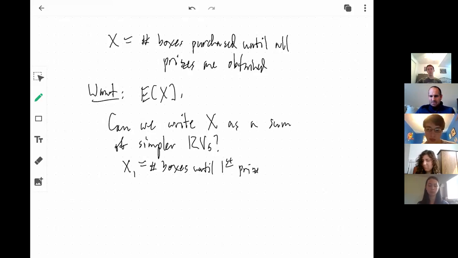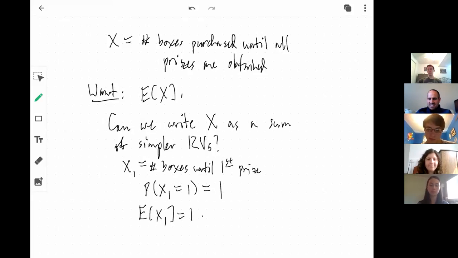What's X1 equal to? The probability that X1 equals 1 is equal to 1. You understand? So the expected value of X1 is 1. That's easy.